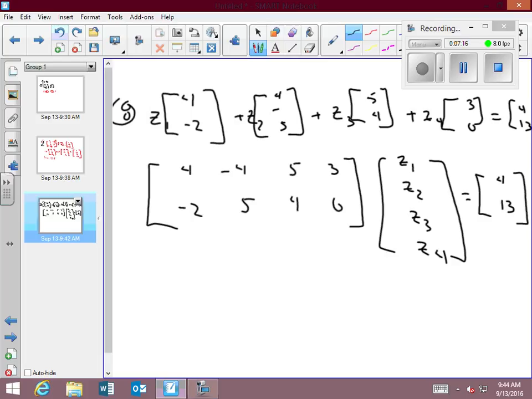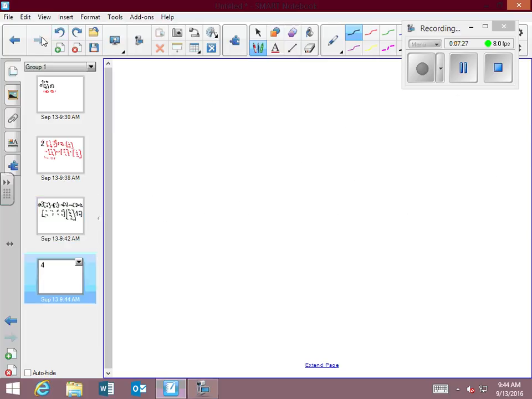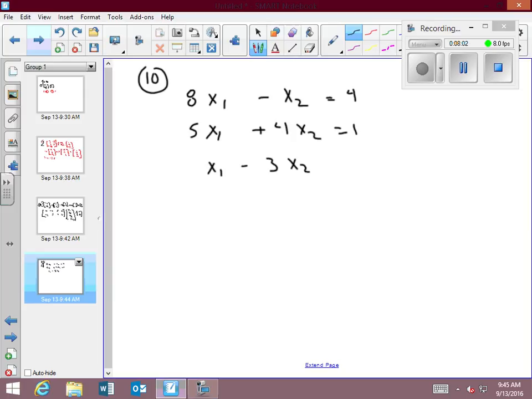9 and 10 says write the system first as a vector equation and then as a matrix equation. That's just a system of linear equations.